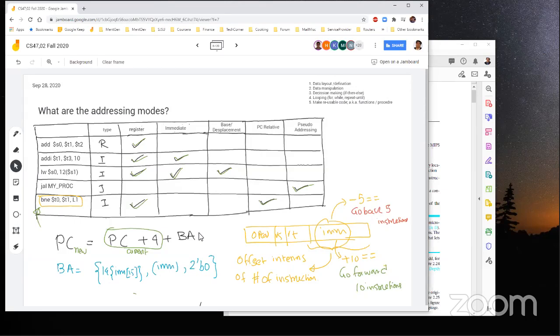Let's say you have a code like instruction 1, label L1, instruction 2, instruction 3, BNE to L1, instruction 4, something like that, right? So what do we put there?